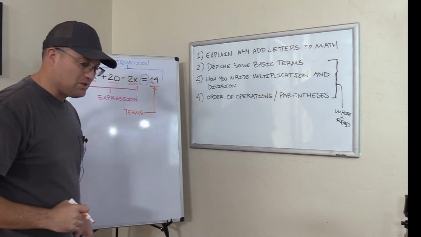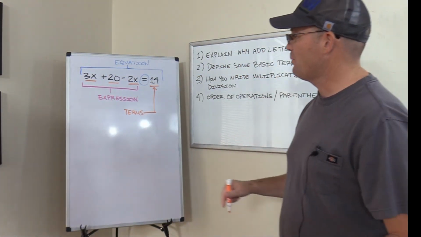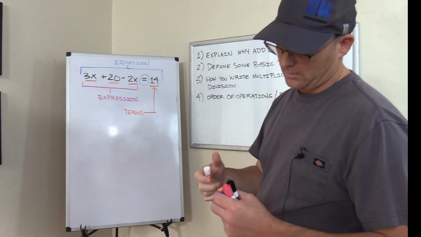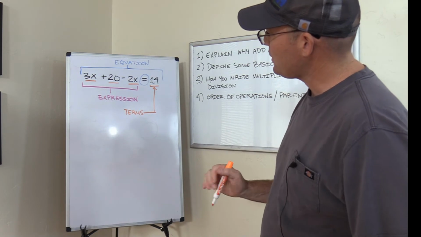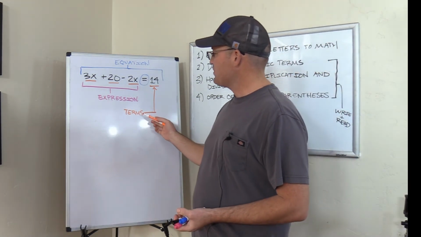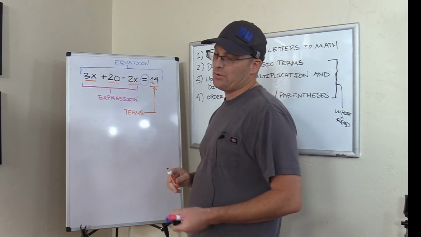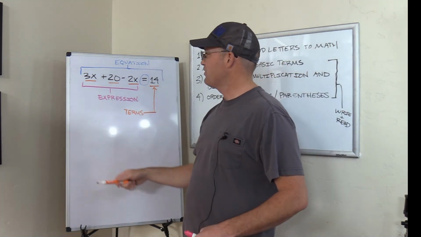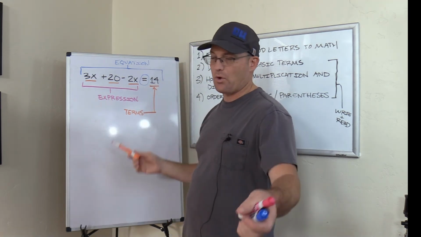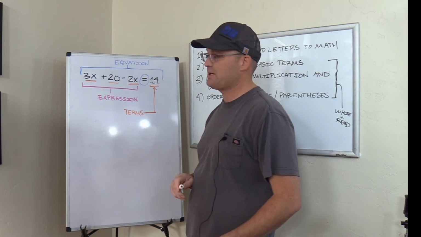That's the mathematician name for a word or a chunk or a part, a little part. They call them terms. I don't know why they decided to do that, but that's what they did. Okay, now, terms are always separated by a minus sign, a plus sign, or an equal sign. That's the rule in algebra. Okay, so this equation right here has 4 terms. 3x is a term, 20 is a term, 2x is a term, and 14 is a term.